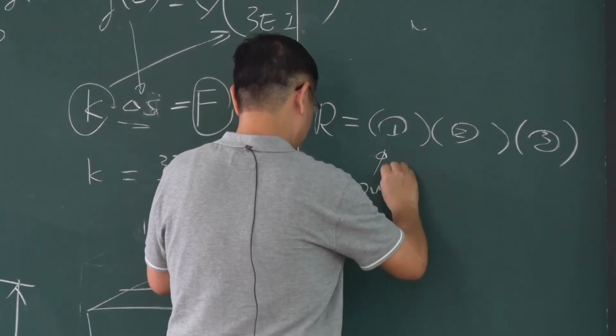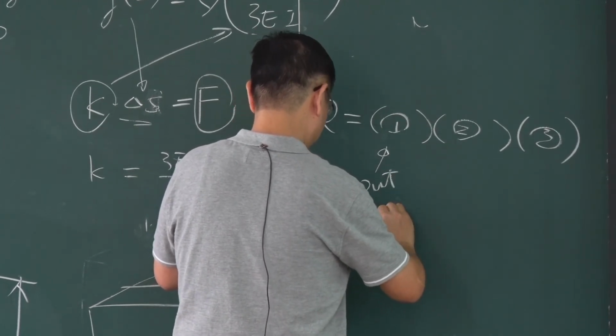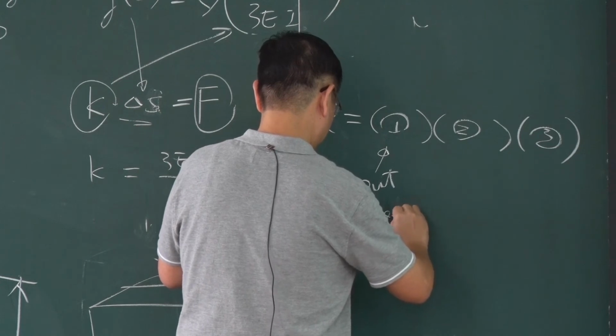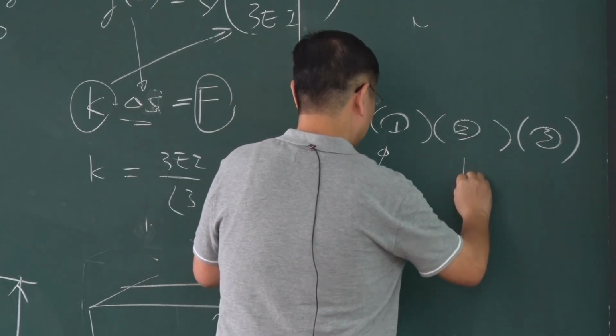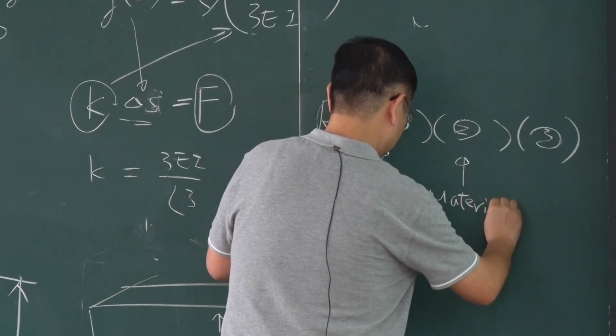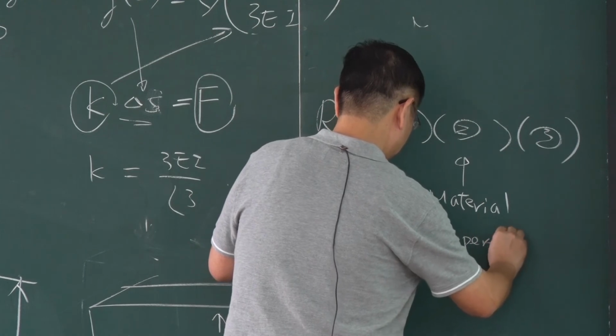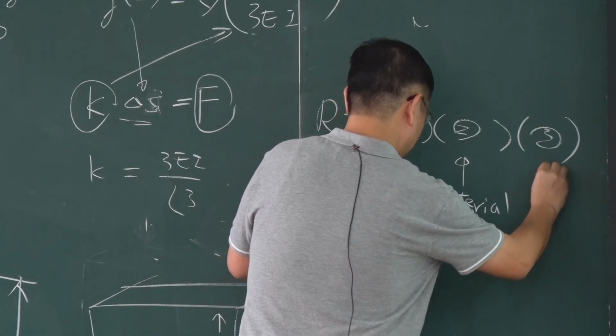That's the input parameter. For example, the second one with material property. The third one was geometry.